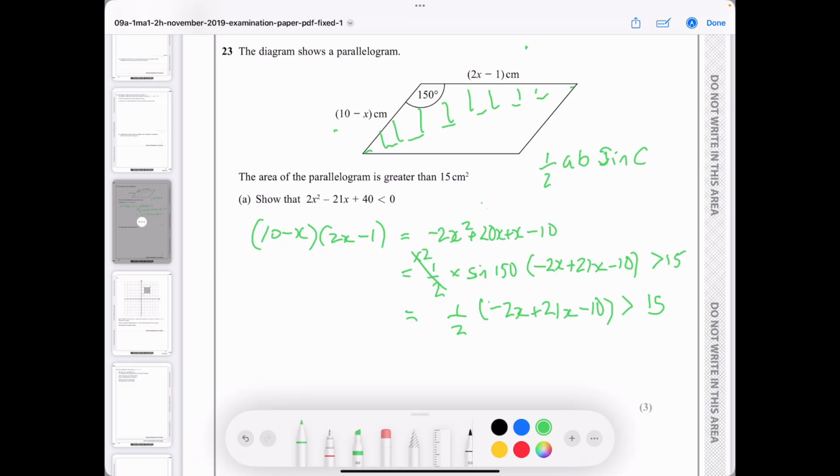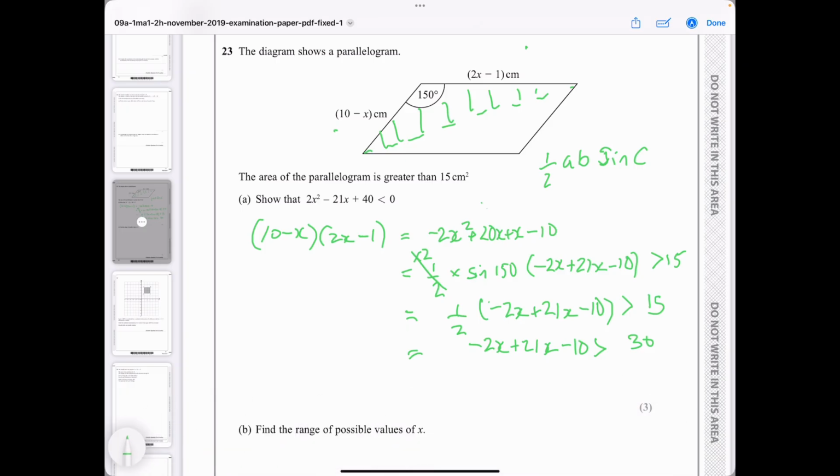We can times by 2, so we get 30. I'm going to take off 30 from both sides. So that's minus 2x squared plus 21x minus 40 is greater than 0.